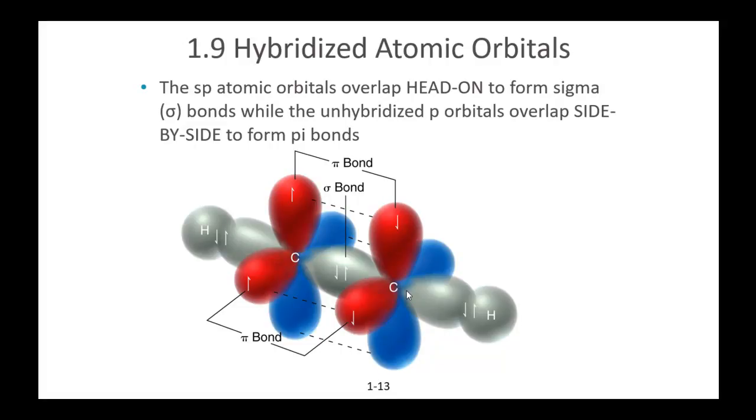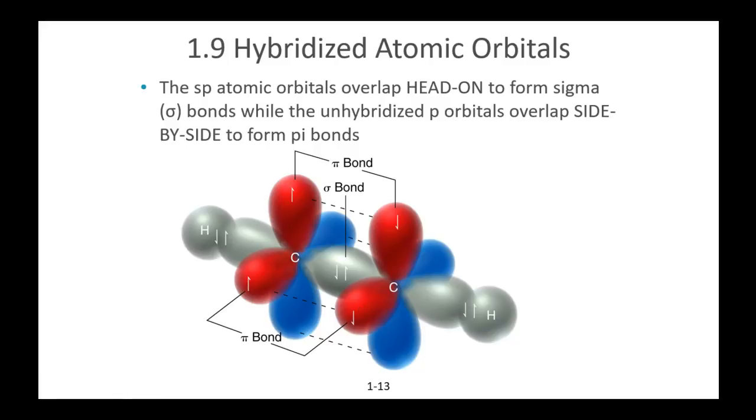Now the unhybridized p orbitals are at 90-degree angles to the sp hybrid orbitals, as well as at 90-degree angles to each other. So this allows for the formation of 2 pi bonds, as we see here. The one between the p orbitals, which are going up and down, and a pi bond between the p orbitals, which are coming out of the screen at us.